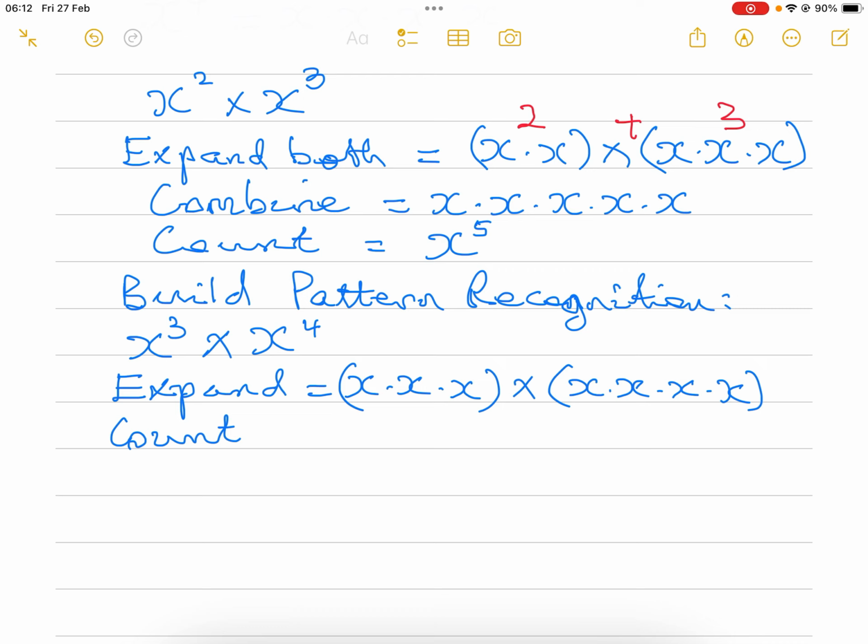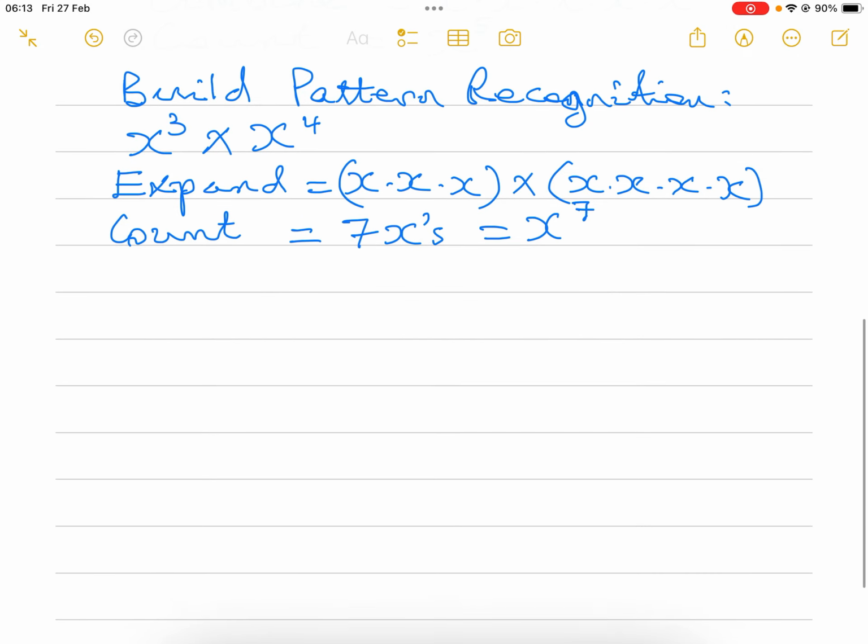Count the total x's. You will have 7 x's, which is x raised to power 7.